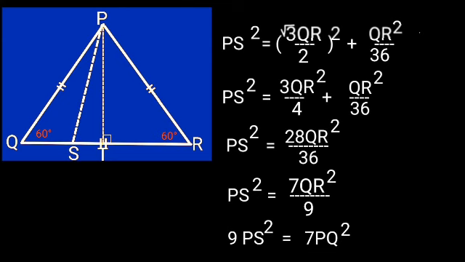Hence, PS square is equal to 7 QR square upon 9. 9 here is a denominator. It will be transferred to the left hand side. Hence, 9 PS square is equal to 7 PQ square. Thus, we have proved that 9 PS square is equal to 7 PQ square.